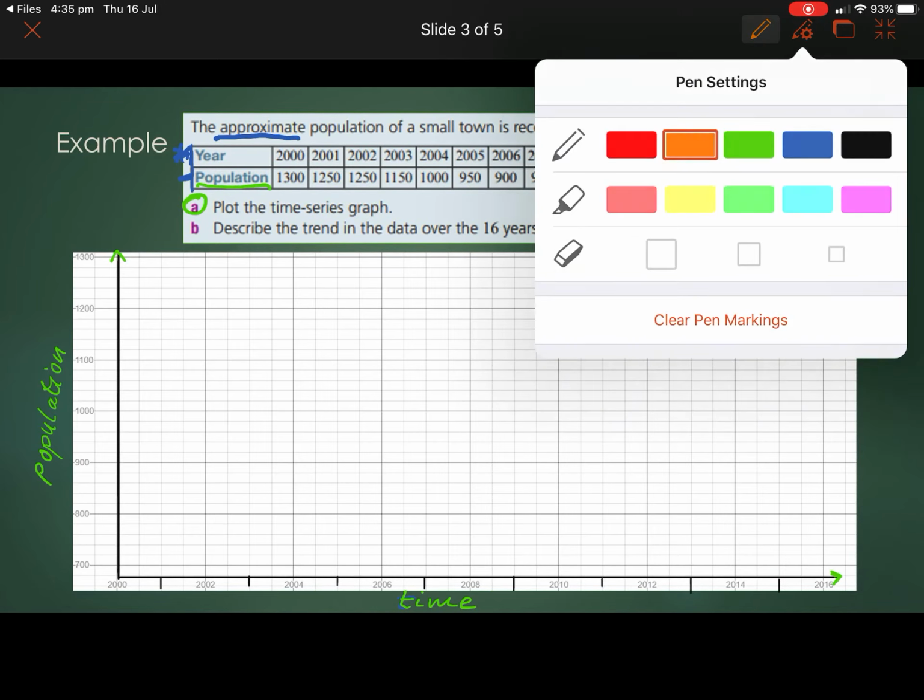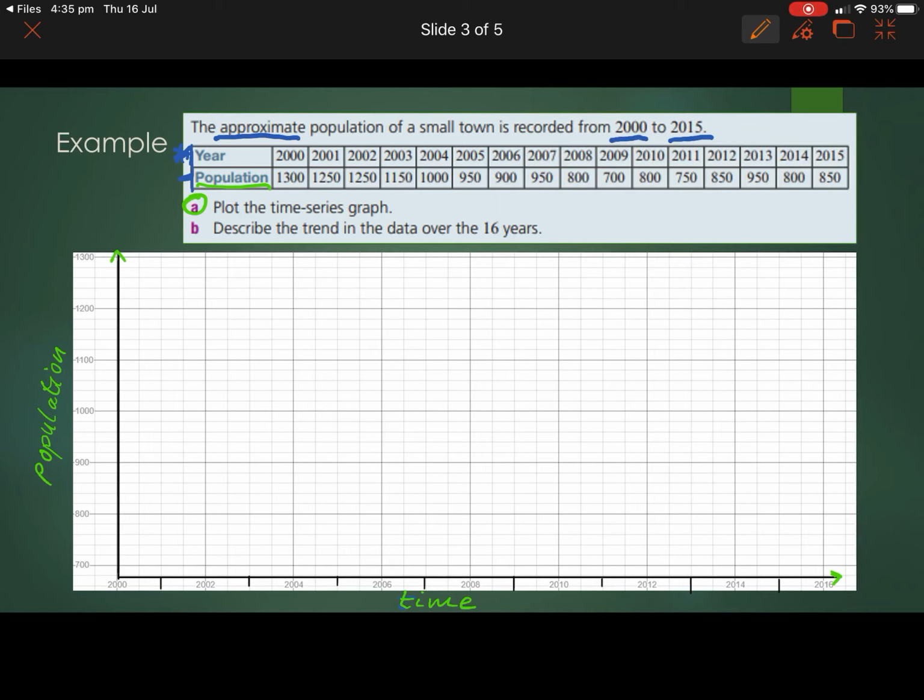What that means is, let's look at this first one. The year 2000, the population is 1300. So we go to the year 2000, which is down here, and we go up, the population is 1300. So go all the way up, 1300's here. That's our first point. Next one, 2001. It doesn't actually say, but you know that the number between 2000 and 2002 is 2001, and the population is 1250.